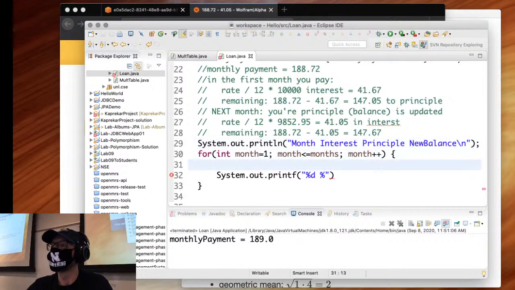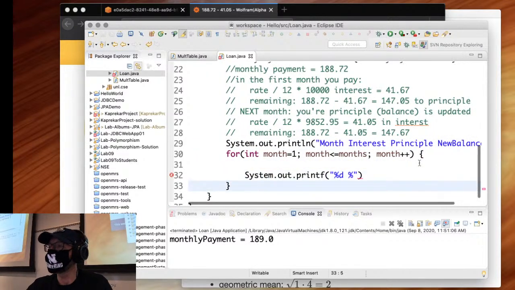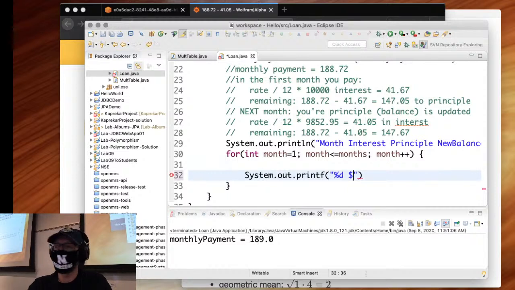Okay? So let's print all these things out. Percent 0.2f. Why percent 0.2f? I'm calculating what? Money. Money goes only out to 2 decimal places. And the line.